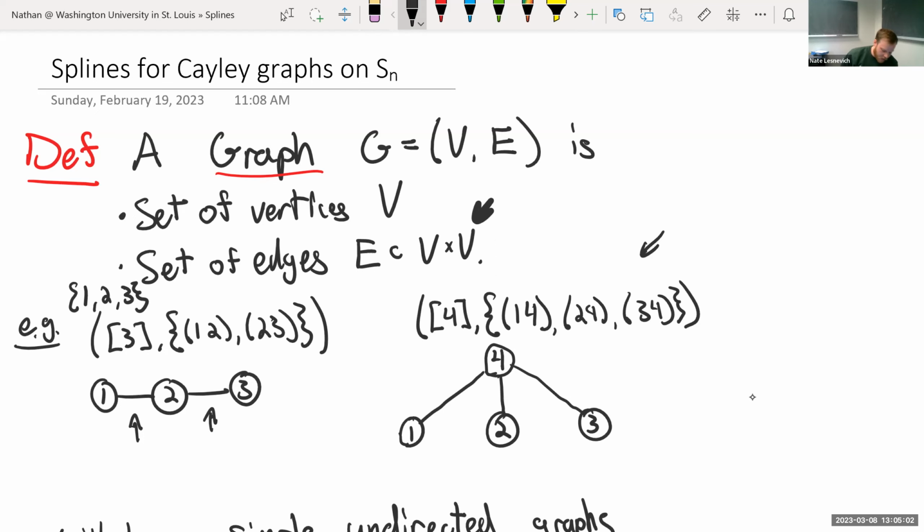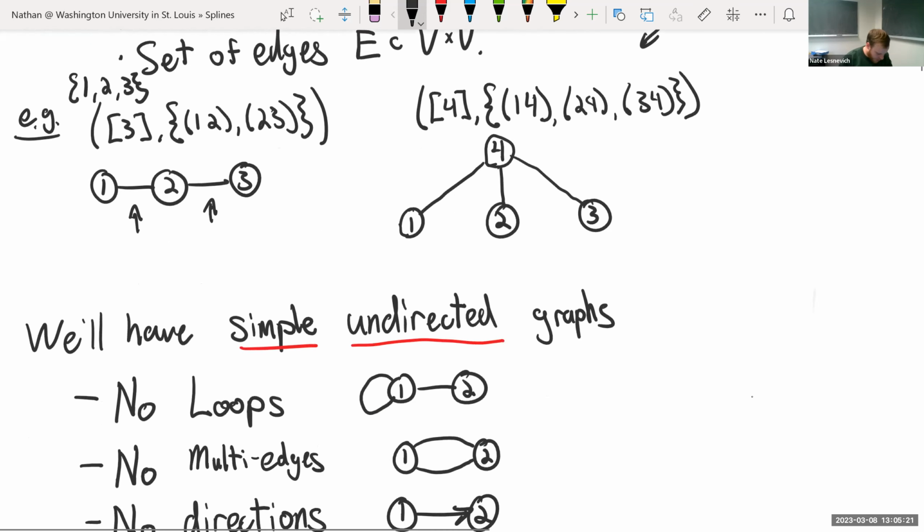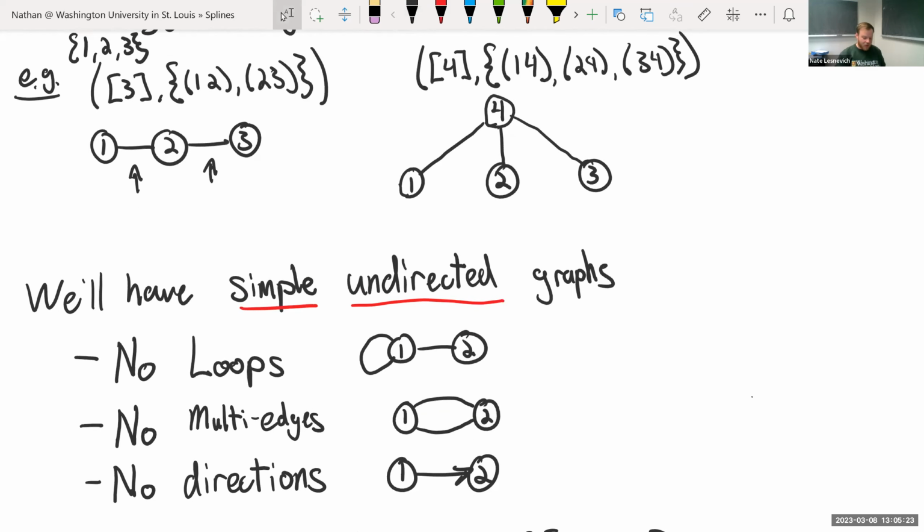You can imagine larger paths simply by extending out the line. And I have here a graph on 4 vertices, 1 through 4. I'll call this one the claw, or the 4-claw, and you can imagine larger claws or stars just by continually adding edges off of that central node. The graphs that I'll be talking about today are simple and undirected.